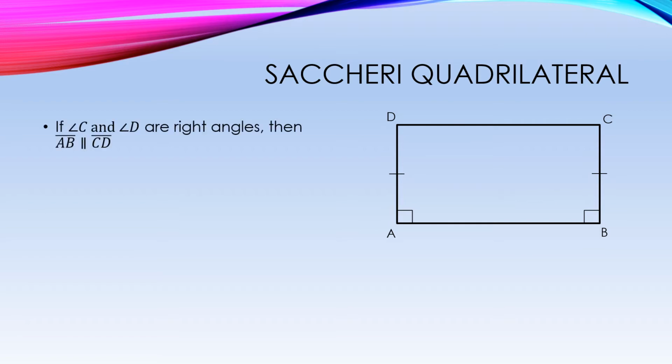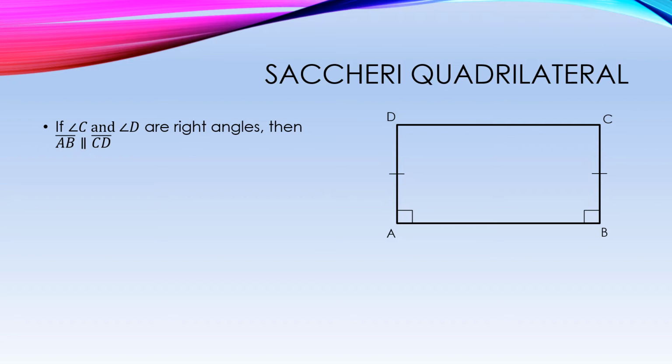If C and D are right angles, then the base AB would be parallel to the summit DC, and Euclid's fifth postulate would hold true. So Saccheri's goal was to prove Euclid's fifth postulate using contradiction.